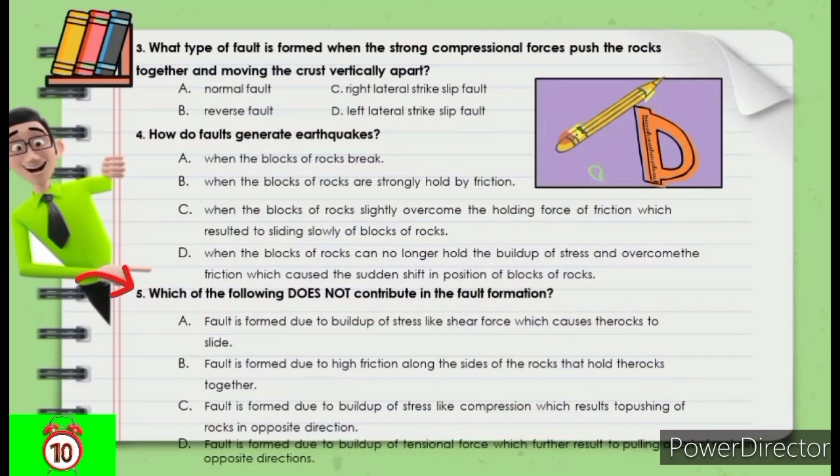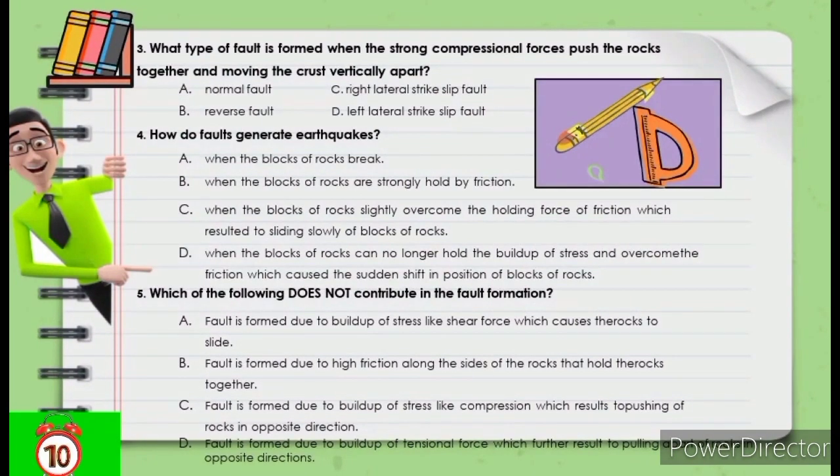C, fault is formed due to buildup of stress like compression which results to pushing of rocks in opposite direction. Letter D, fault is formed due to buildup of tensional force which further results to pulling apart of rocks in opposite directions. I will give you 10 seconds to answer this question. Time starts now.